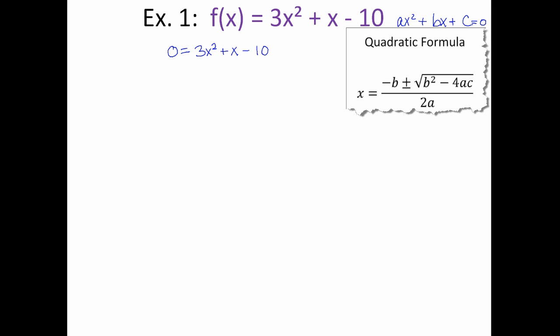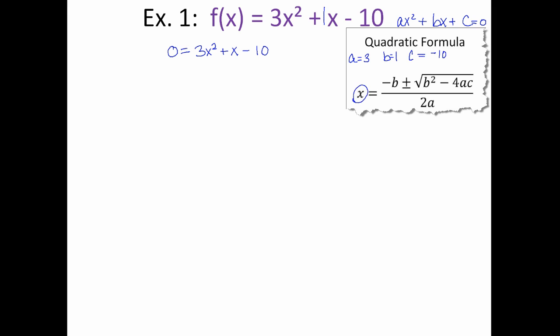Let's identify what is a, what is b, and what is c. Those are essentially just the coefficients that are sitting in front of the variables: the x squared variable, the x variable, and the non-variable term. So my a term is 3, my b term is 1, because when there's nothing sitting there that means it's a 1, and my c is negative 10. From there, to use the quadratic formula, I simply plug my values in and solve for each x.